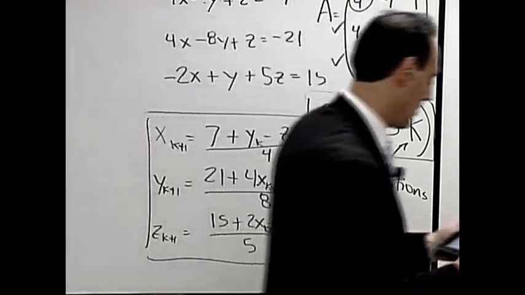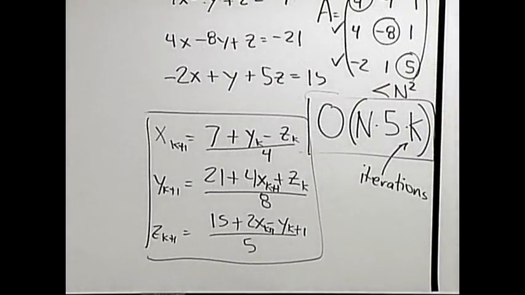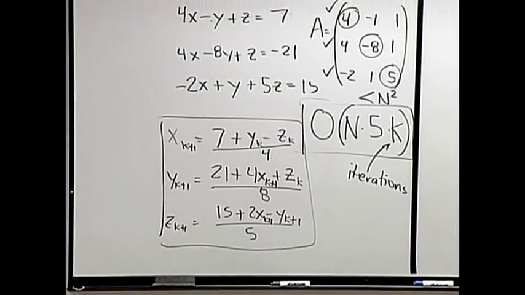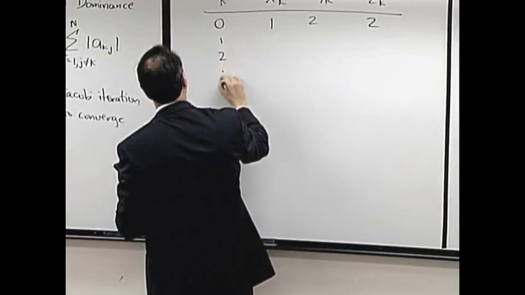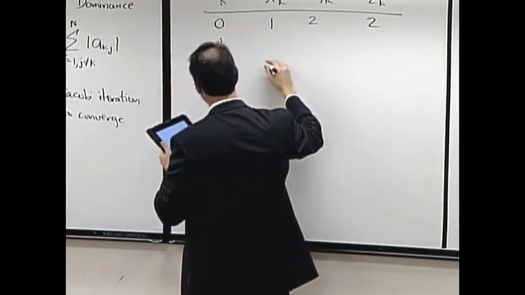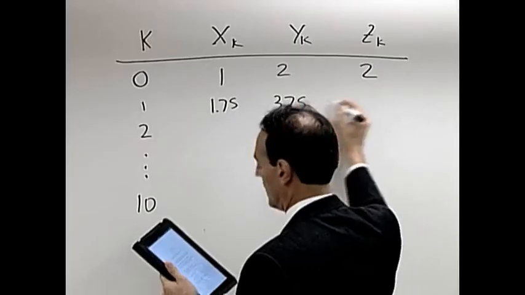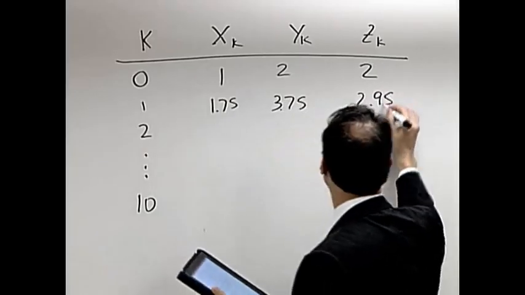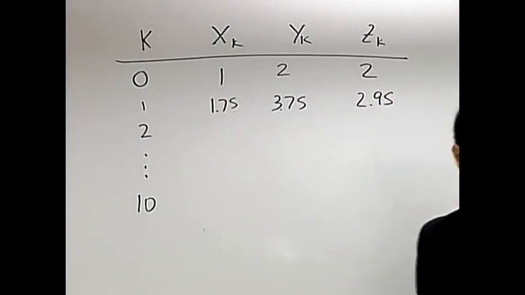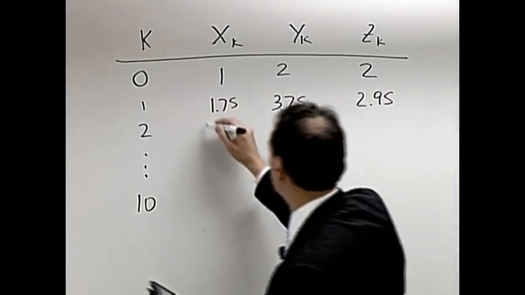So in this code, then, let me give you the results of that. So after one iteration, you just get 2 iterations.